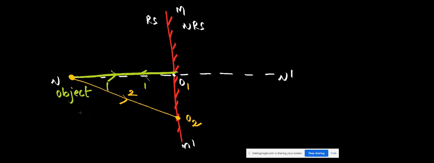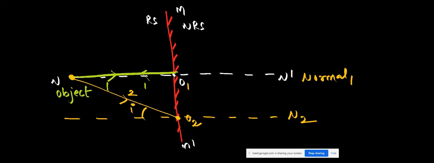Now at this point of incidence, if I draw a perpendicular line, this is normal 2, this is normal 1. Now this is angle of incidence I. With the same angle I have to construct a reflected ray. This is the second reflected ray, angle of reflection R. Any doubt in this? Okay, we are considering two different directions for incident rays, so we'll get two points of incidence, and two normals.